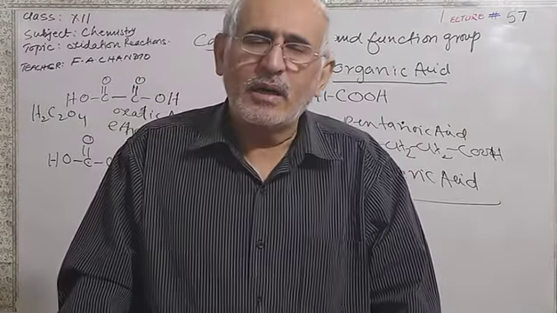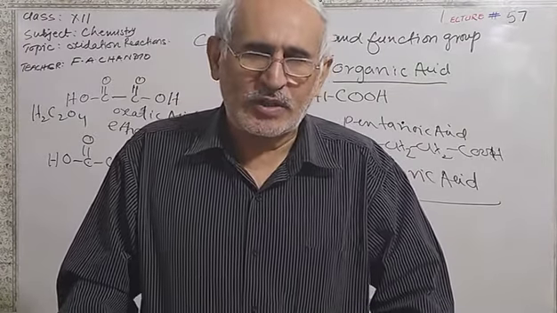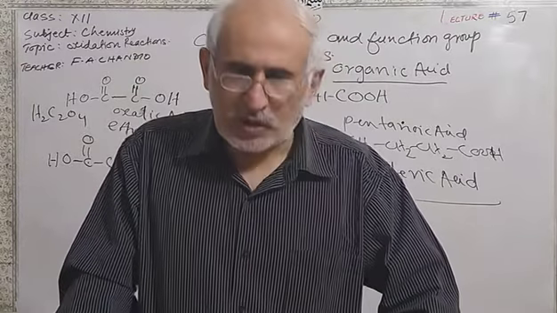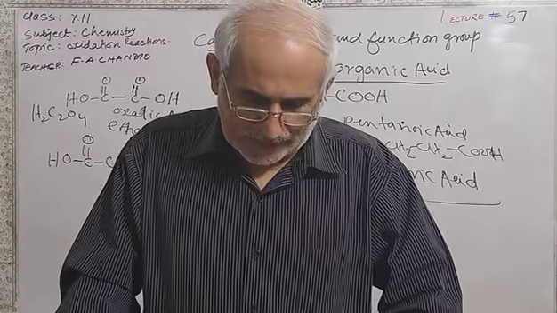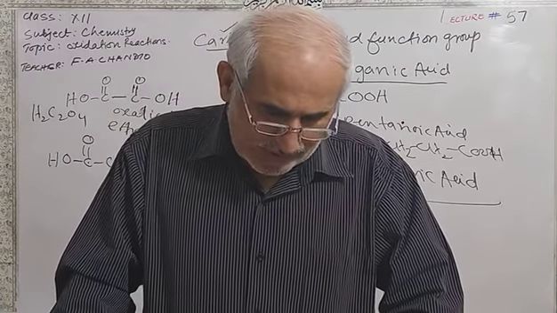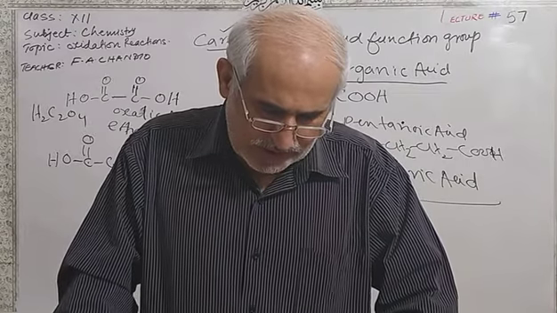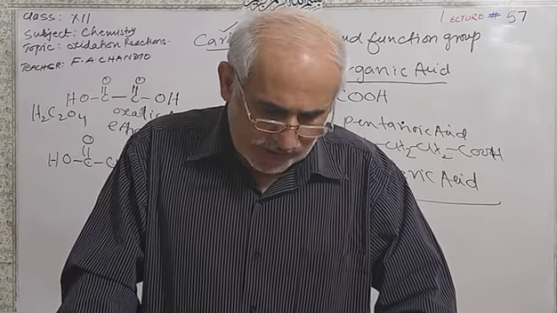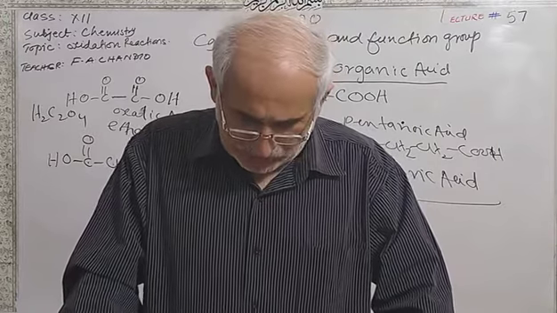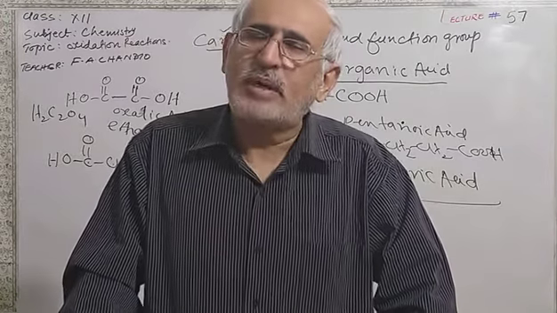These are the carboxylic acids which contain a high number of carbon atoms with 2 carboxylic acid functional groups. Must remember these: oxalic acid, malonic acid, succinic acid, glutaric acid, adipic acid, benzoic acid, phthalic acid.